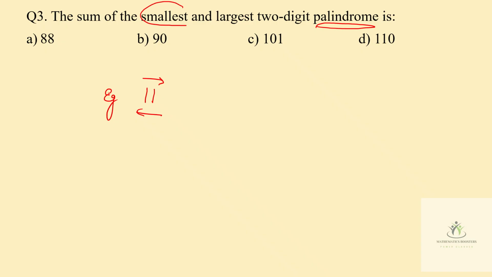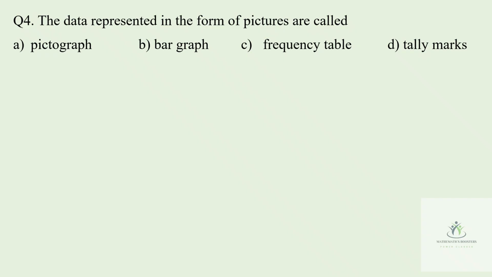The smallest 2-digit palindrome is 11. The largest 2-digit palindrome is 99, and it says sum. So add it up, 99 plus 11 is 110. Answer is D.